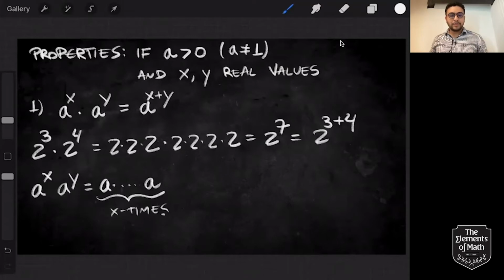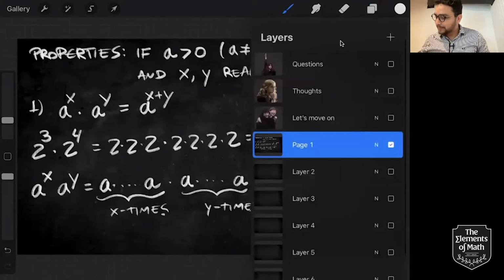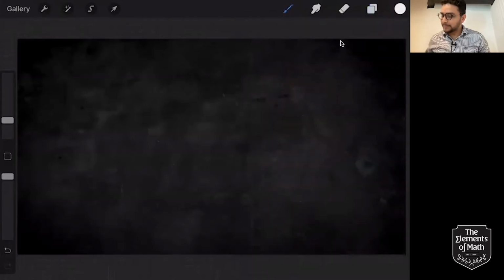And a to the power y, I'm multiplying a by itself y times. So in total, I should have a to the power x plus y, because I'm multiplying a by itself x plus y times. Okay, you can consider that was a proof. Let's see property number 2.